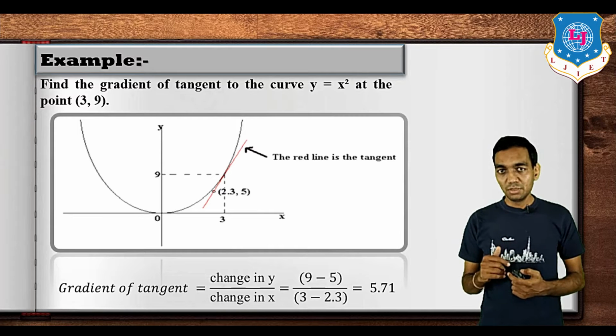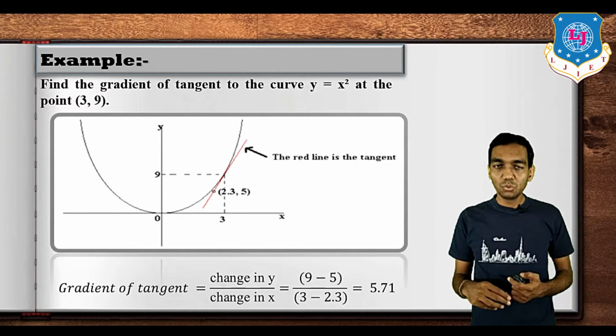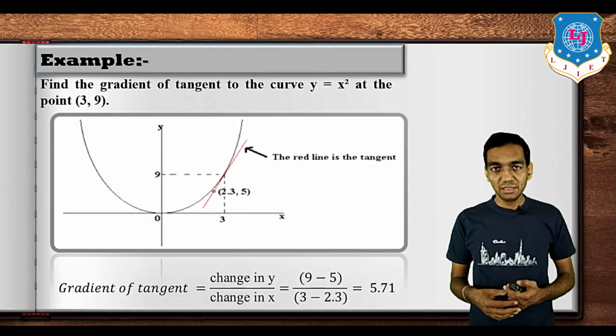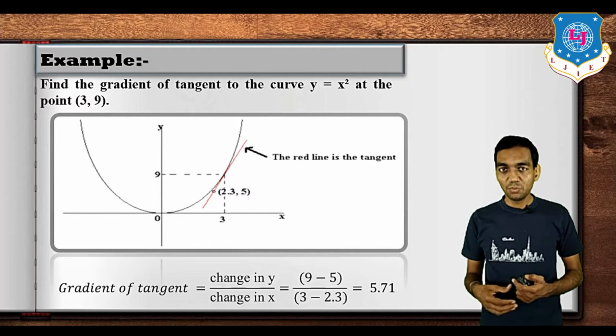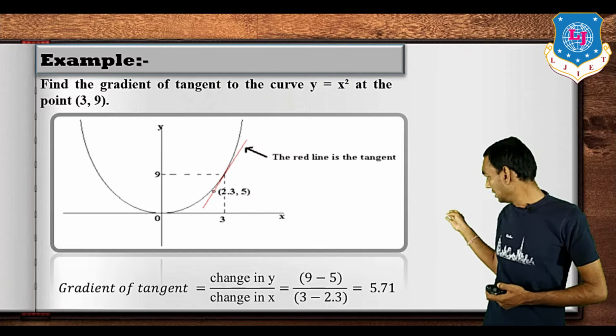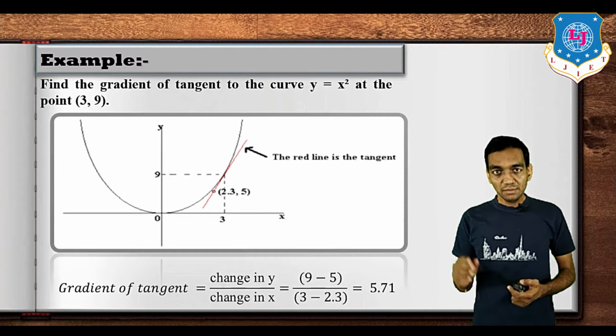First of all, we have drawn one tangent at the point (3, 9). Now to find the gradient of the tangent, we are going to take another point that lies on the curve. So we have taken another point (2.3, 5).